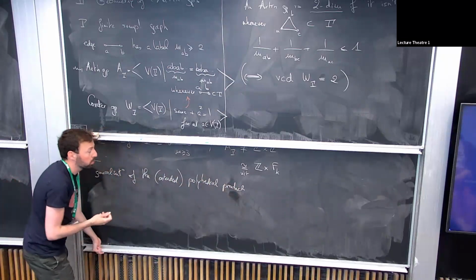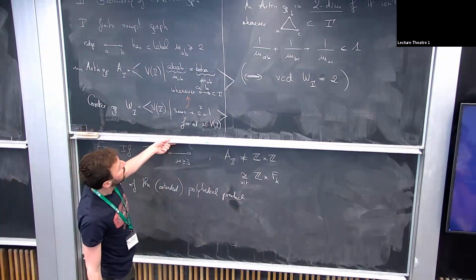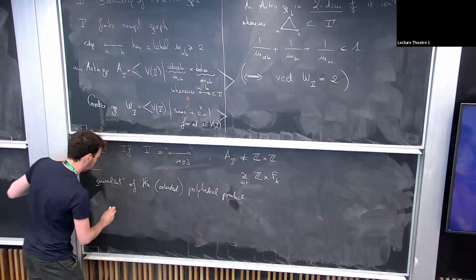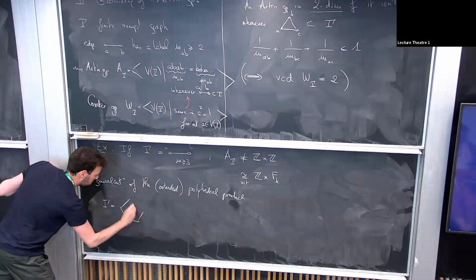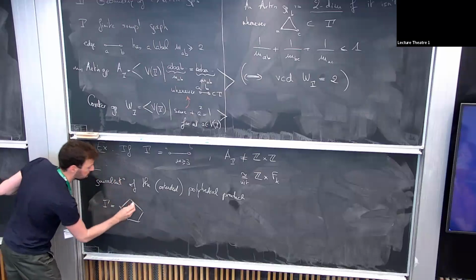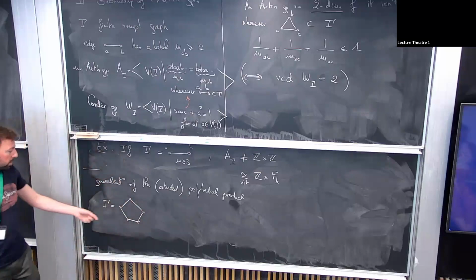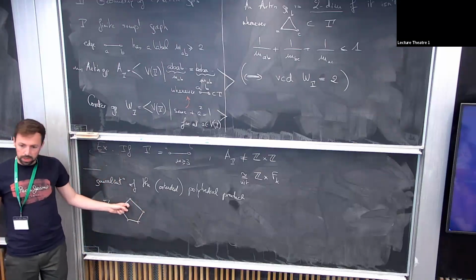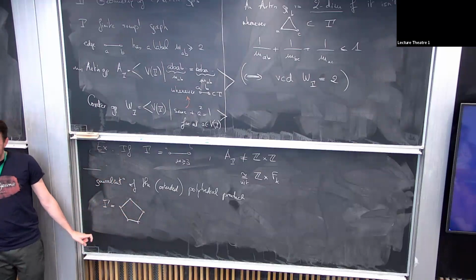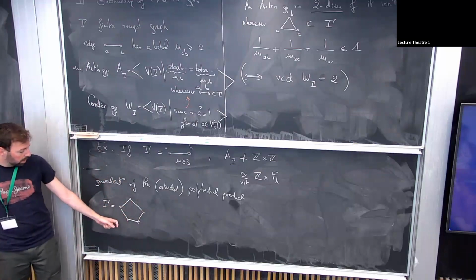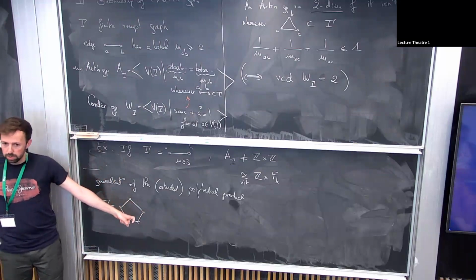Let's say gamma is a pentagon, to make it simpler. So what are the simplices that appear in gamma flag? Here I don't see any triangle in my graph gamma, so the only simplices that appear are the empty simplex, one single vertex, or one single edge.